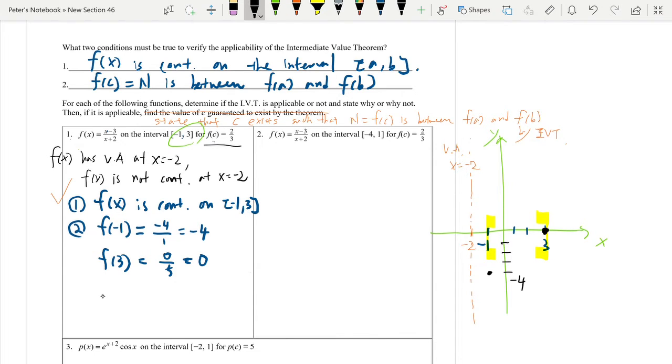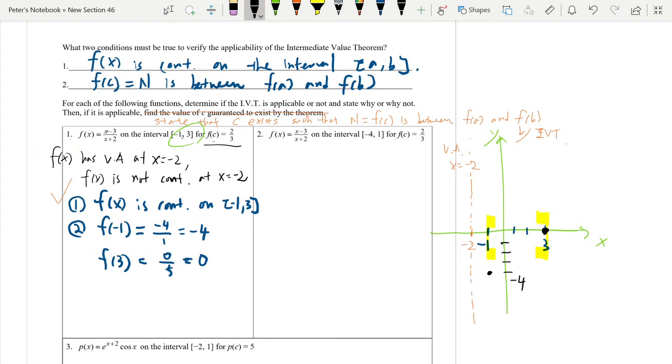Of course, we could plot it or we could use Desmos, but we're just looking at those two endpoints and then determining if we can use IVT. Does it guarantee that there is a value C such that f of C is 2 over 3?